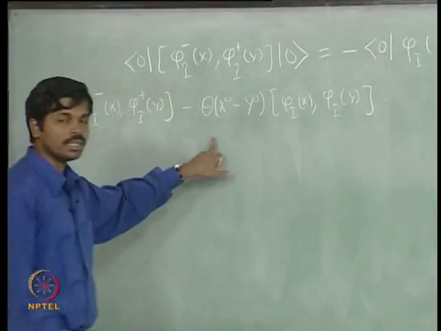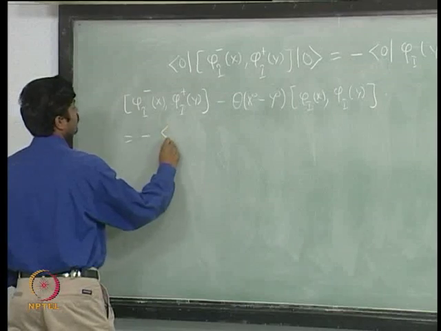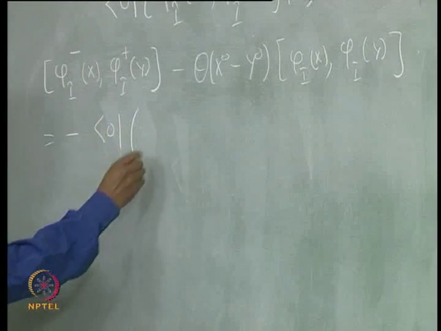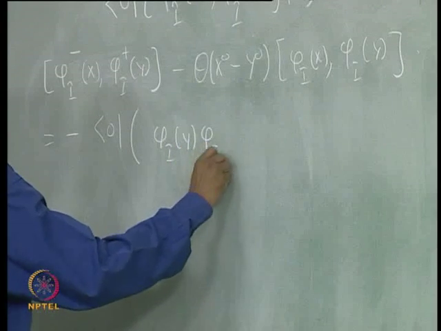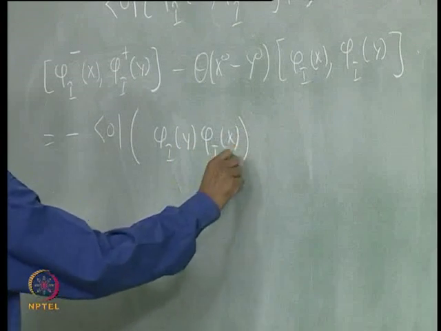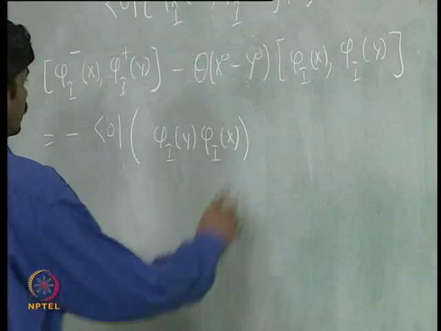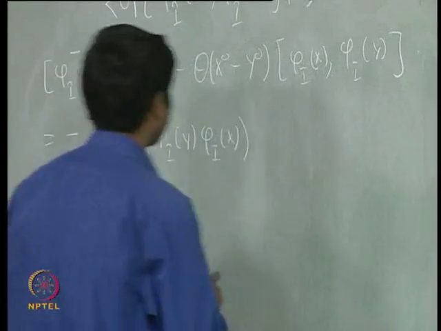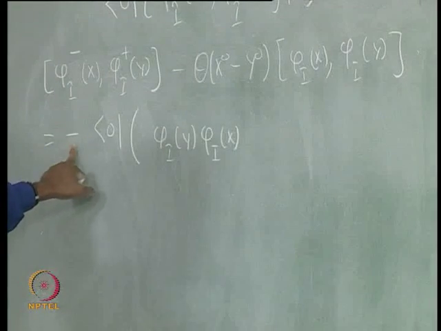This C number here is equal to minus vacuum expectation value of phi I y phi I x, and then note that I have taken out a numeral minus sign.